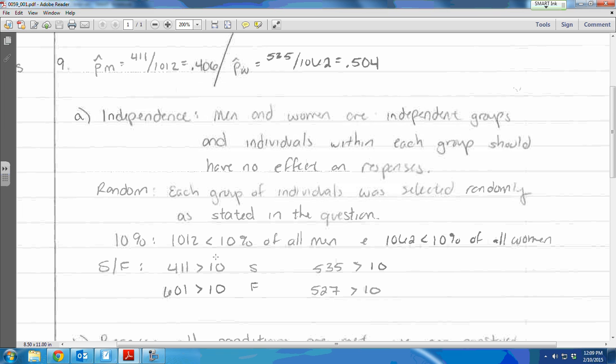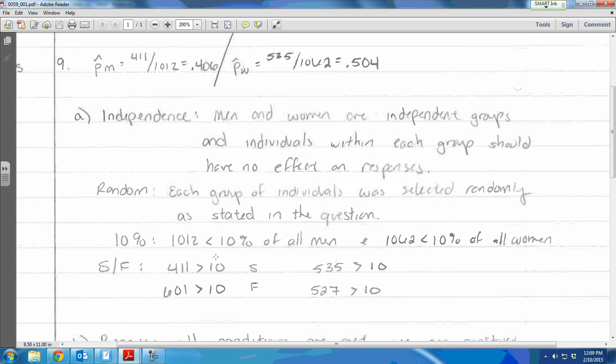You're talking about randomly selecting men and women 65 and older, and it's arthritis. So if you had arthritis, that shouldn't affect me having arthritis. No, you can just say that they're independent groups. And if you want to put it in context, which you probably should, and I'm not awesome at that in my notes sometimes, so they get bored, then you could say, because one having arthritis shouldn't affect the other one having arthritis. And that would be okay.